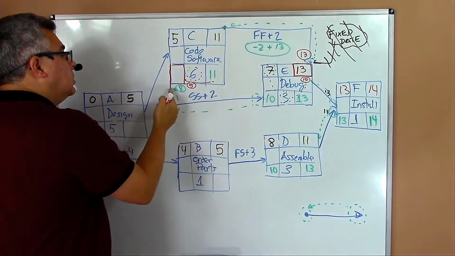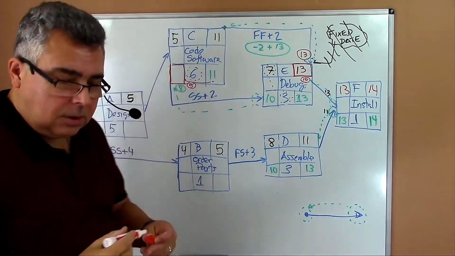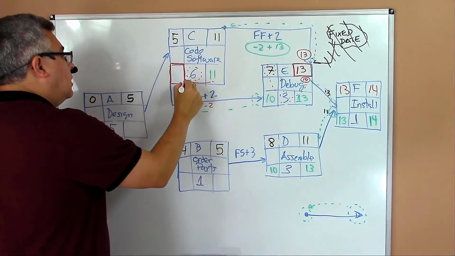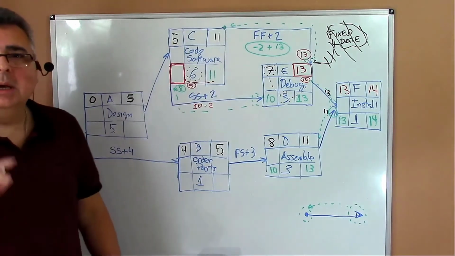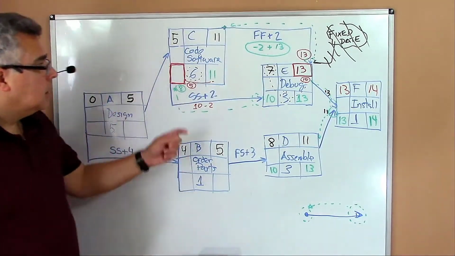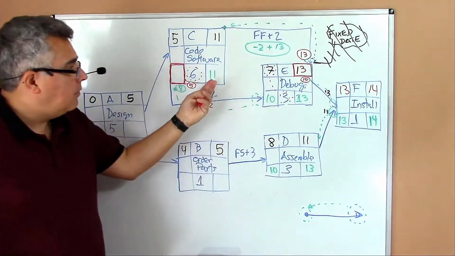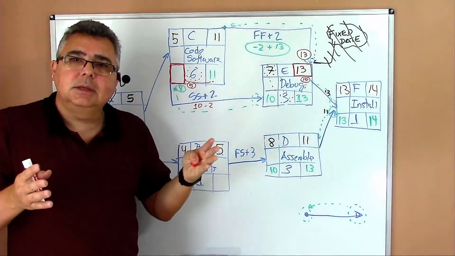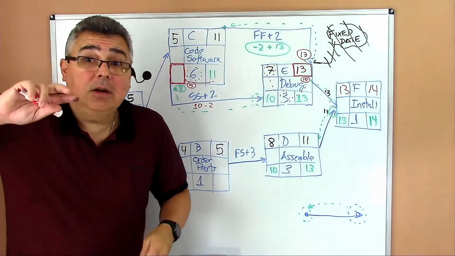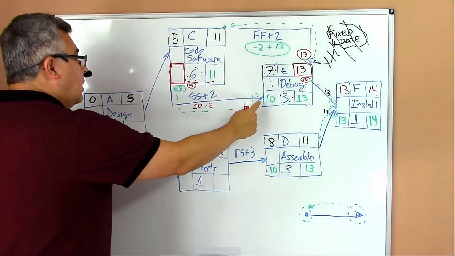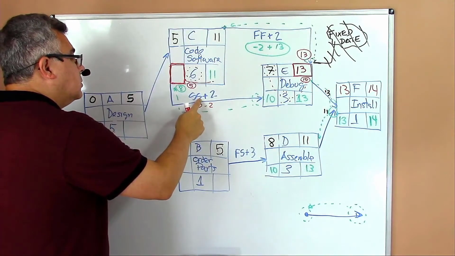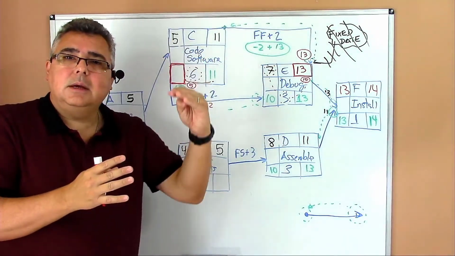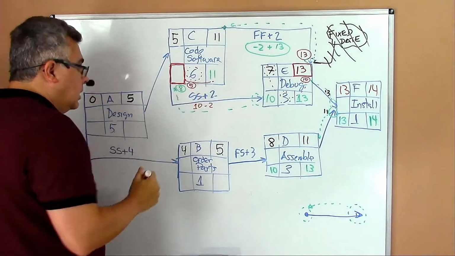And I have an external condition that is 10 minus 2, that's 8. So that cell here, the late start for activity C, has 2 conditions. A condition internal to the task: to finish on day 11, I have to consider that to execute the task I take 6 days, so I have to deduct those 6 days. But I have another condition, because I have a relationship of start with E, I have to consider that condition. And because I'm moving backward, I take the lowest number. And now I take here 5.